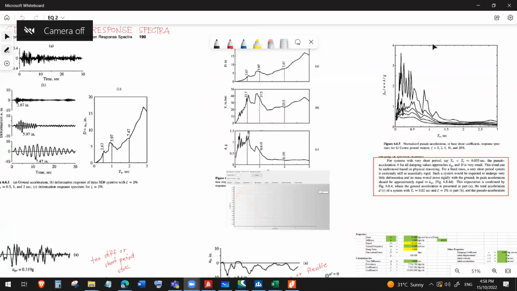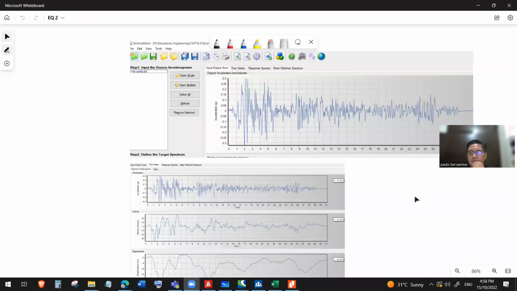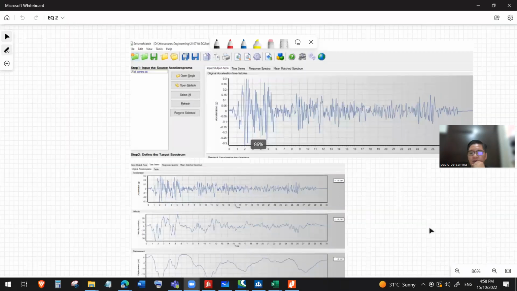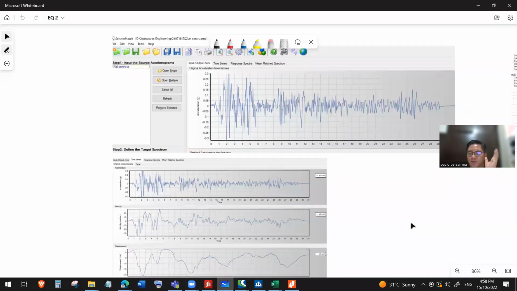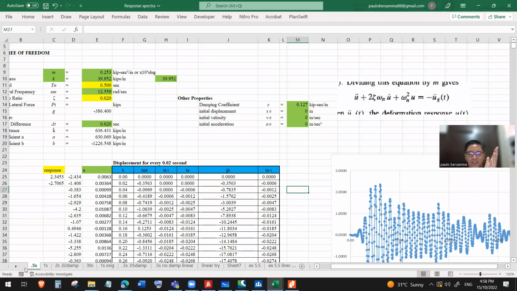So what we did was manually create the response spectra using Excel. But in fact it is incomplete because I only used a small data set.